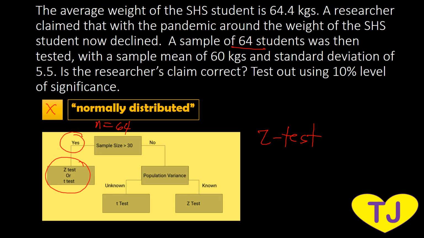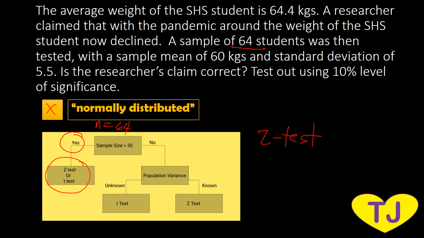The reason behind it is, according to the central limit theorem, if the sample size is greater than or equal to 30, that will be approximately approaching a normal distribution. So if your sample size is greater than 30, it's best for you to use the z-test. So that is what it means.